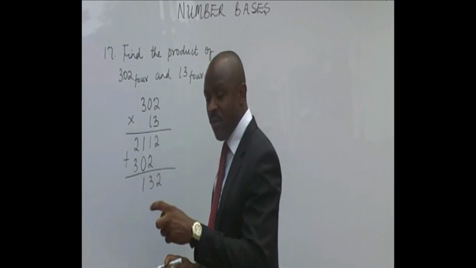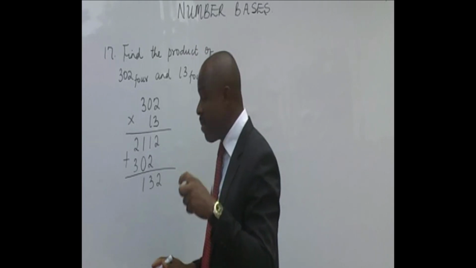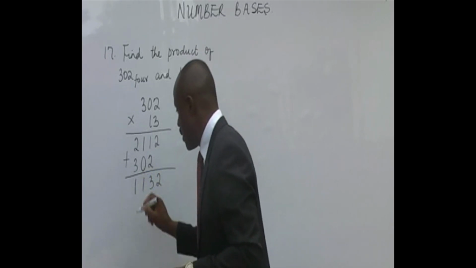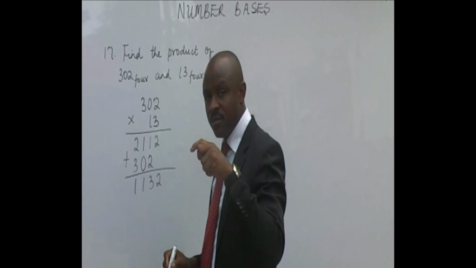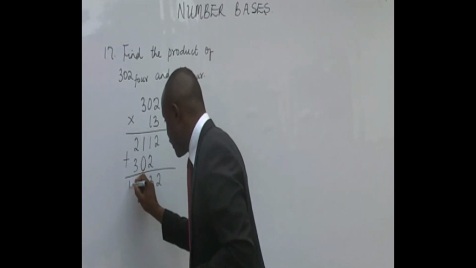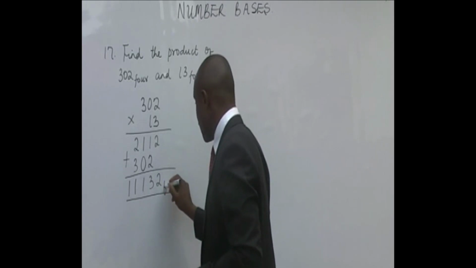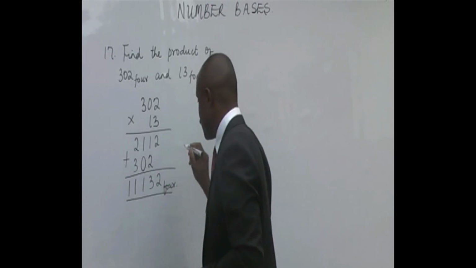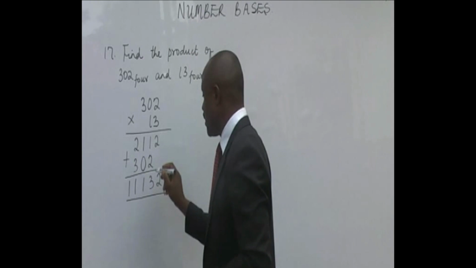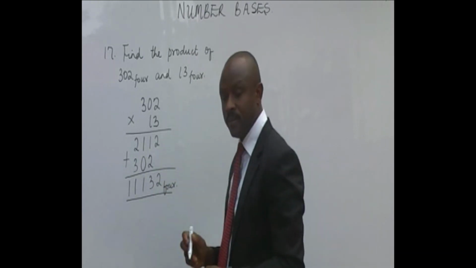Don't write it down. Remove 4 from it. What will remain? 1. The 1 4 you removed is 1. So write it down. So this is what you have got in base 4. 1 1 1 3 2 base 4.